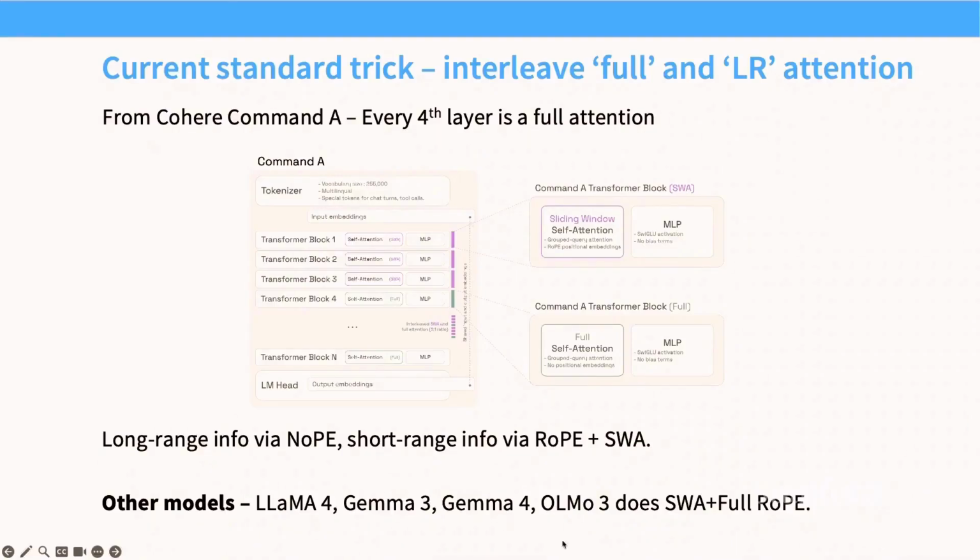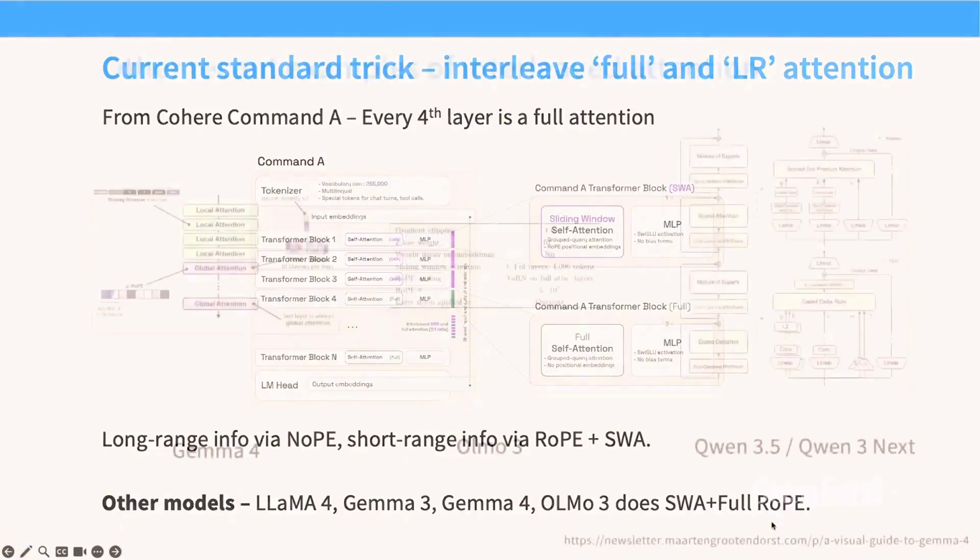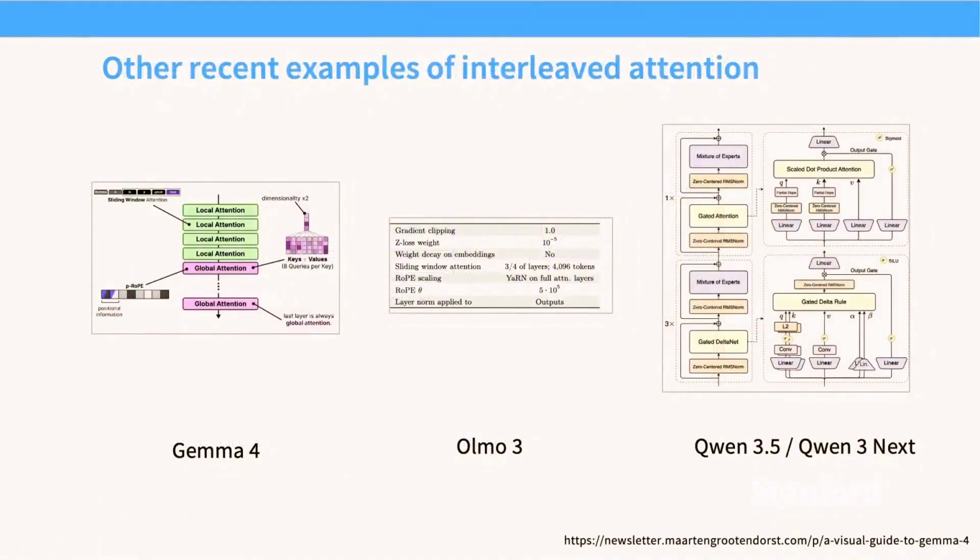We see essentially a bunch of other models adopt this idea. Llama 4, most recently Gemma 4, Olmo 3. They all do this combination of sliding window attention and full attention, in their case using full rope instead of nope as the embedding. So as I said, this is becoming really, really popular.